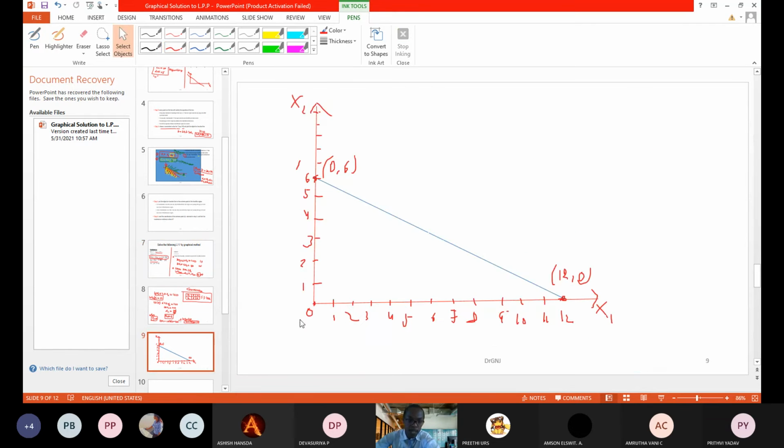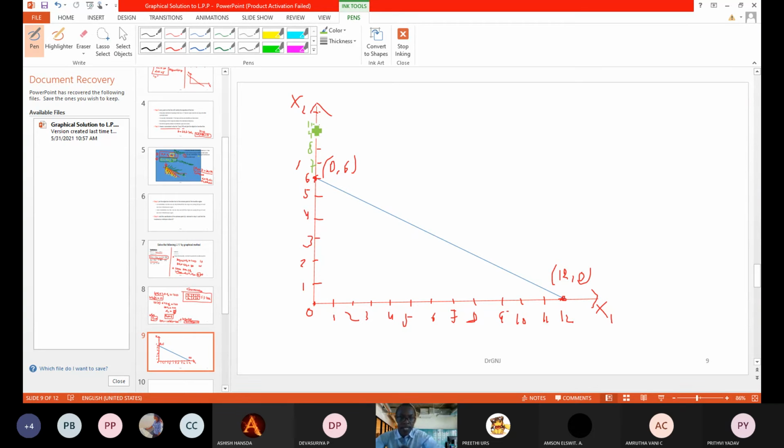Come back to the graph. Let me use a yellow. Yellow will be okay. But I cannot see where yellow is. Let me use a green. If x1 is equal to 0, x2 is 7, 8, 9, 10.